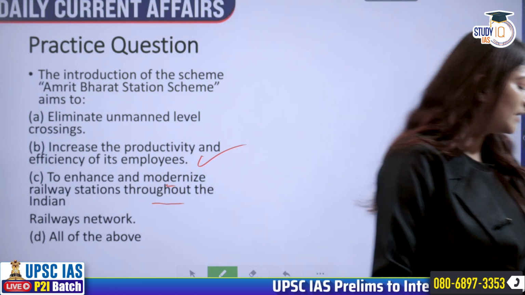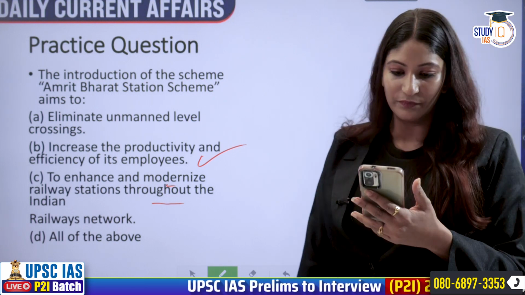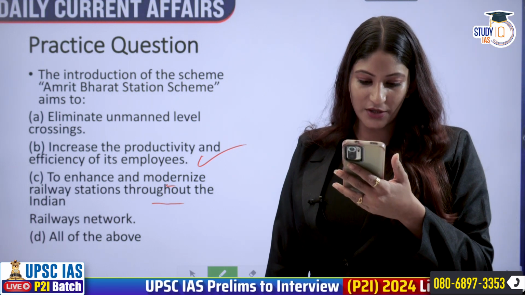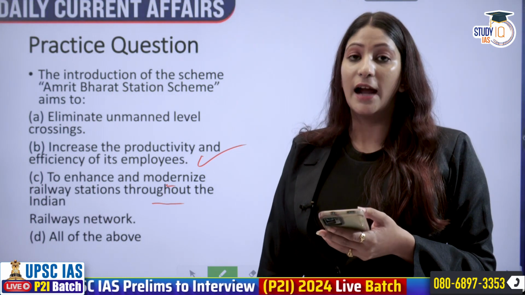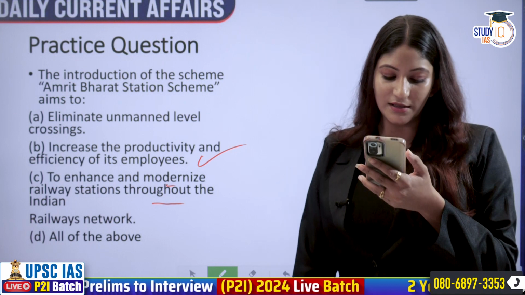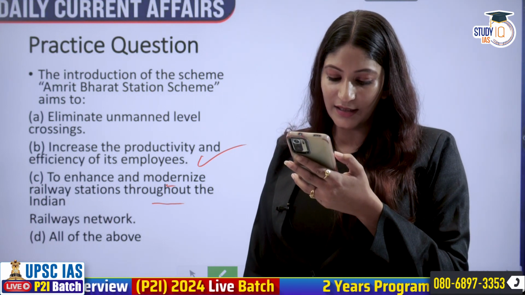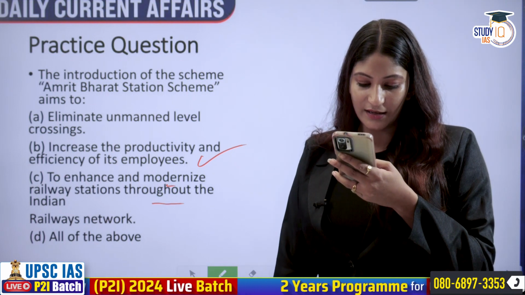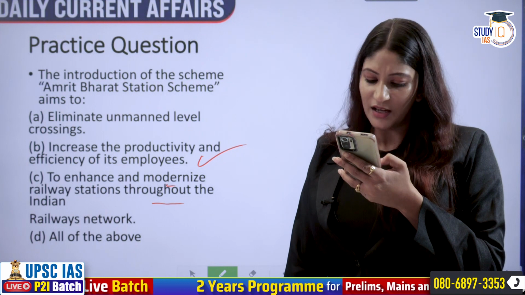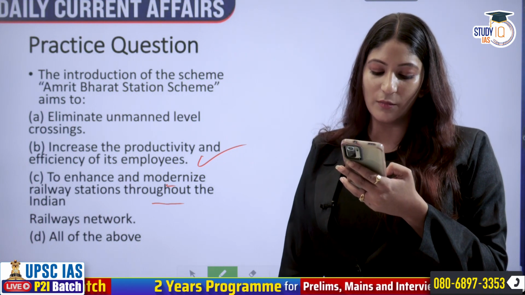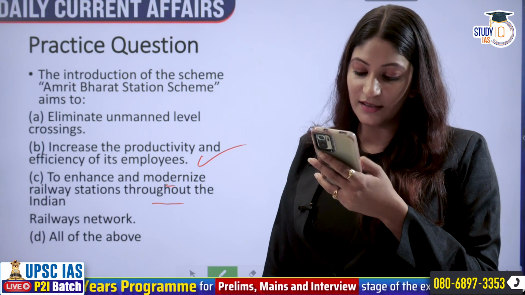Answer it correctly. Let me take the names of those students who have answered my last question correctly. So yes, option B was correct. Not all three. I told you some people have answered it wrongly. Two only will be the correct answer. Simran has answered it correctly. Harshit has answered it correctly. Yashjan has answered it correctly. Raj has answered it correctly. No, but you have written solar radiation modification, that's not correct. Then Padmashri has answered it correctly.